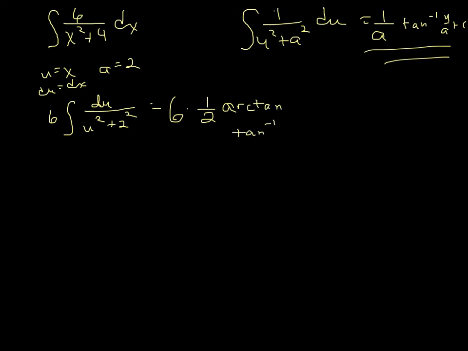Either one is fine. And then u is just x over a plus c, and we clean it up, and so we'd have 3 tan inverse x over 2 plus c. And just don't let it confuse you that I switched back and forth. I just want to remind you that arctan and tan inverse are the same.